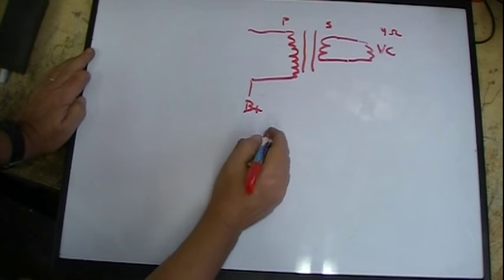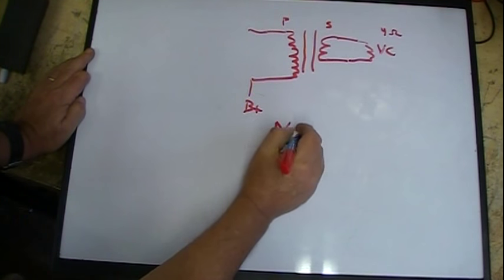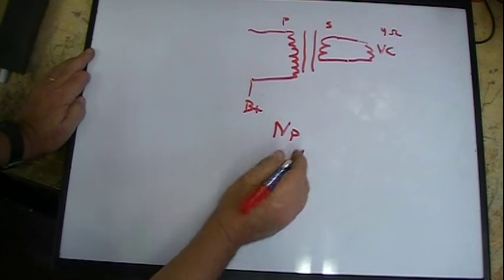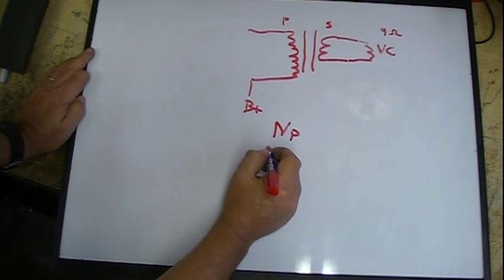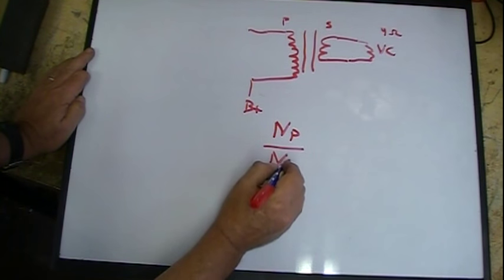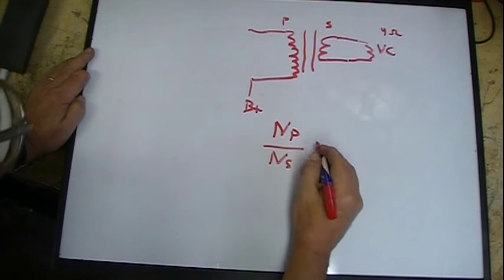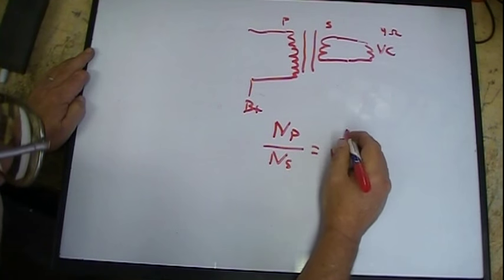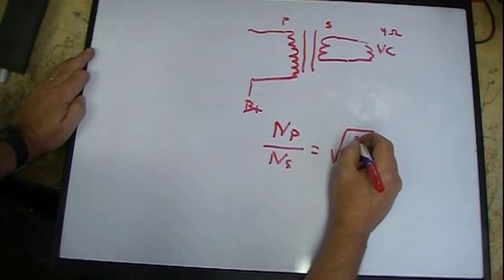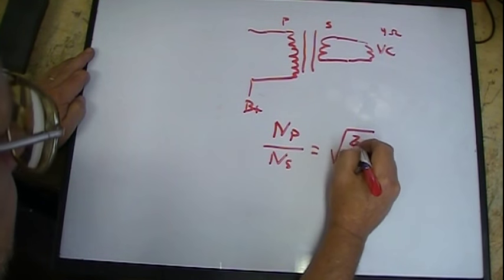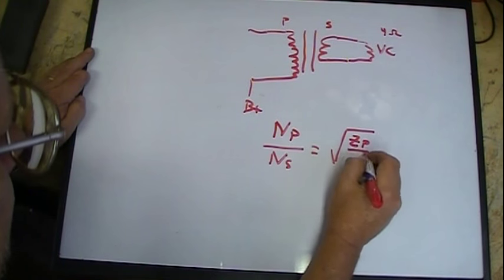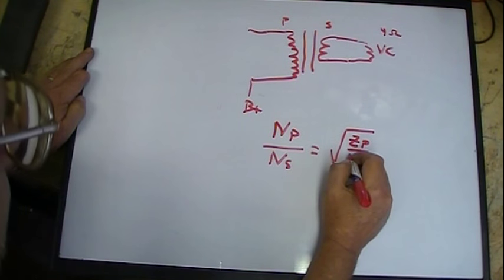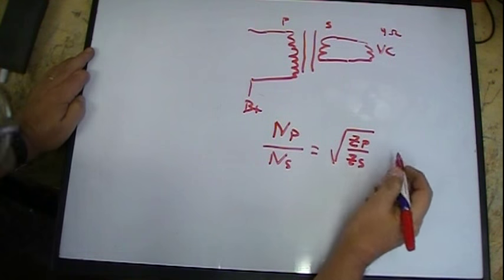The number of turns on the primary divided by the number of turns on the secondary, your turns ratio, will equal the square root of the impedance on the primary divided by the impedance on the secondary.